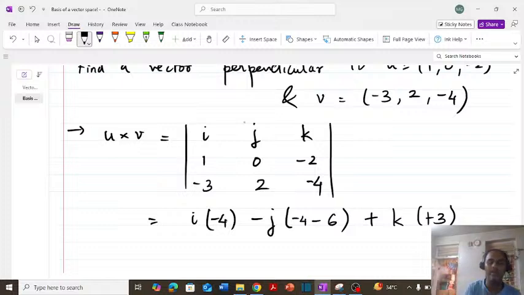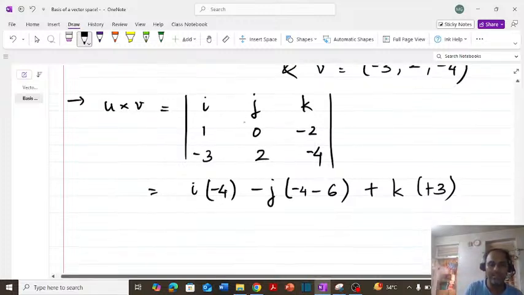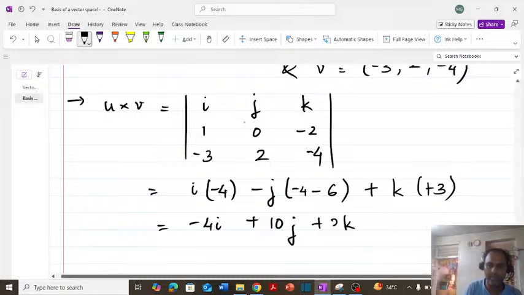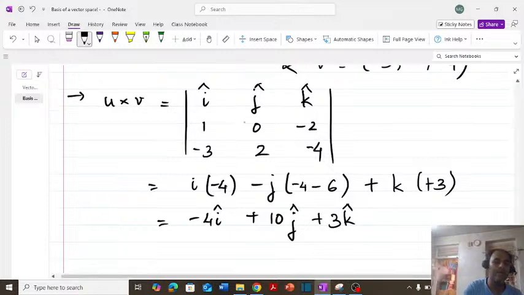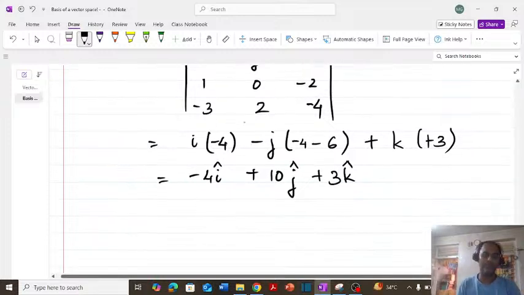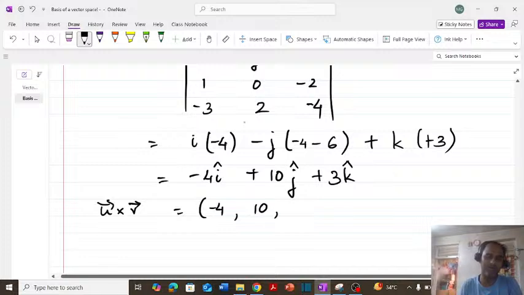So the answer here is minus 4i plus 10j plus 3k, and all these are unit vectors, i hat, j hat, k hat. So the vector u cross v will be minus 4, 10, and here it will be 3.